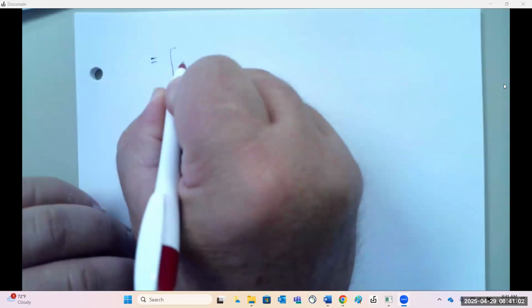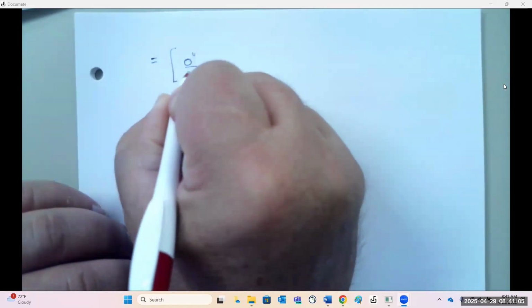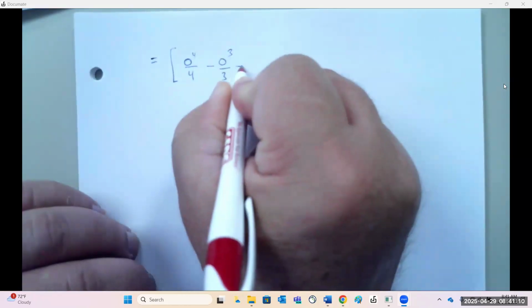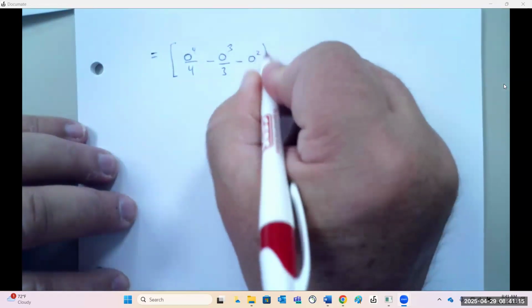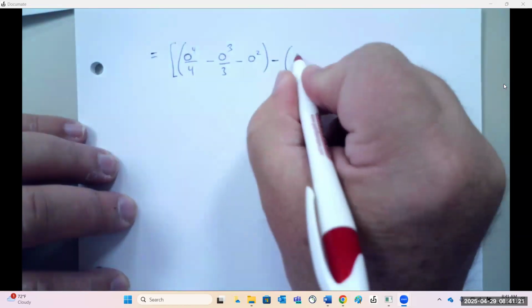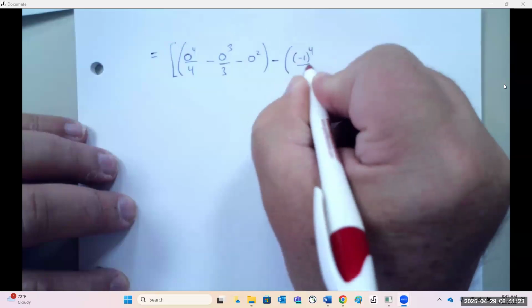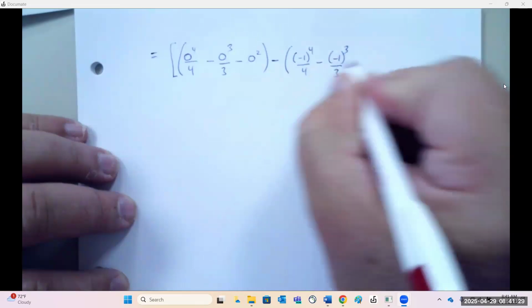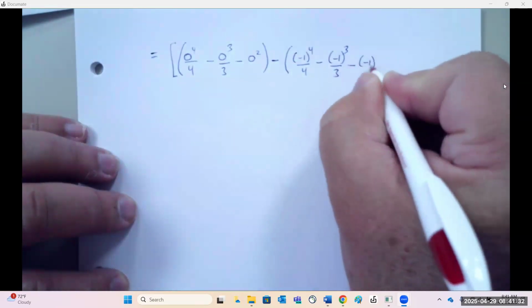Now what we do, we plug in our bounds. For the first one, in place of x, we do the upper bound, which is 0. So we have 0 to the 4th over 4 minus 0 cubed over 3 minus, the 2's cancel, 0 squared, minus the lower bound -1. So it's -1 to the 4th over 4, -1 cubed over 3 minus -1 squared.